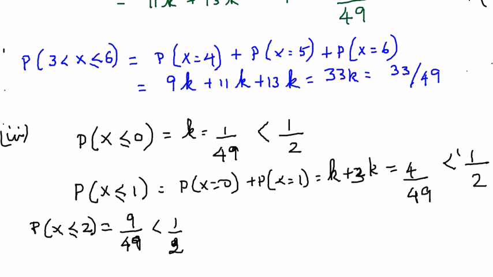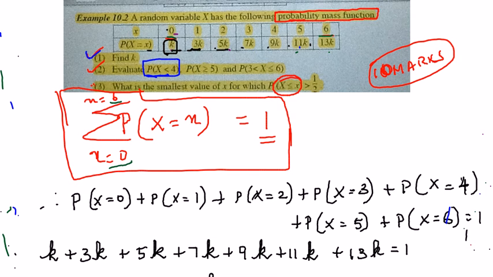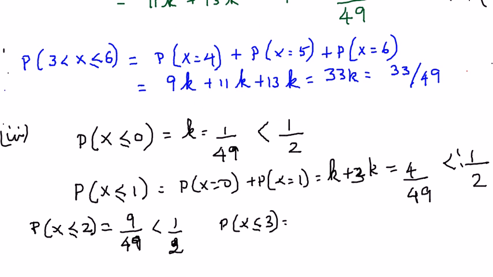Next, let's try P(X less than or equal to 3), which is k plus 3k plus 5k plus 7k, which is 16 by 49. 16 by 49 is also less than half. 16 threes are 48, so it is approximately 1 by 3. 1 by 3 is 0.33 and 1 by 2 is 0.5, so it is also less than half.